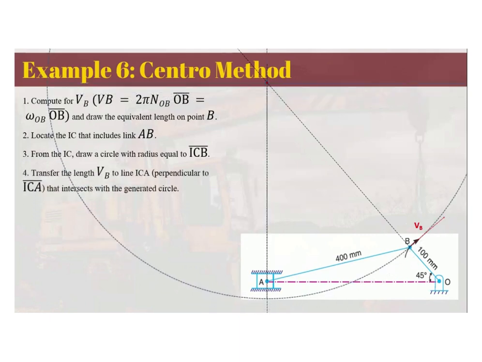And then transfer VB to the line ICA, just swinging it and intersecting it with the generated circle. And then draw a line from the terminal of VB joining to the instant center.